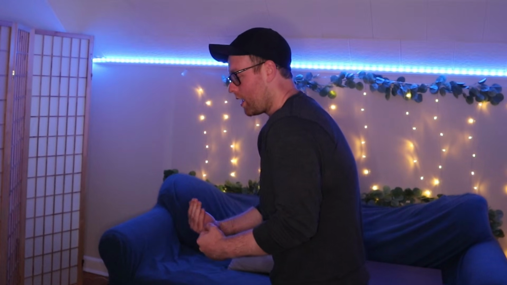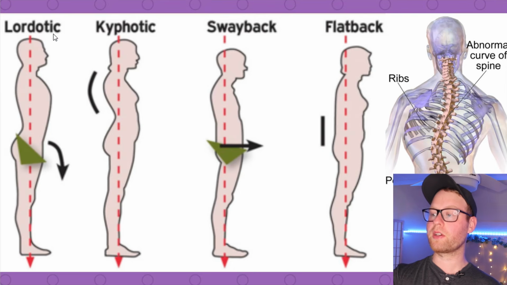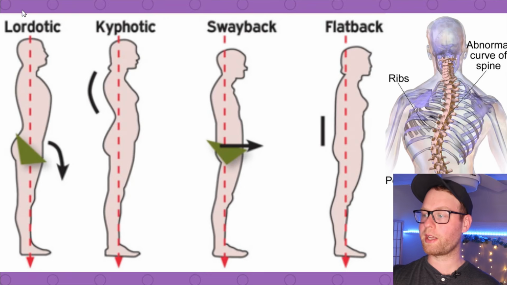So they are weak and overstretched, whereas my pecs are too tight as well, but instead of being overstretched, they're actually kind of just stuck in this shortened position. Definitely make sure you have a good understanding of an overly lordotic posture and an overly kyphotic posture.